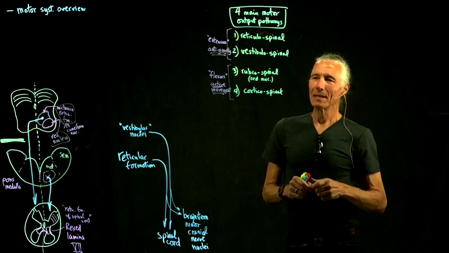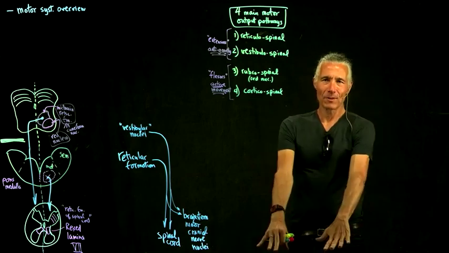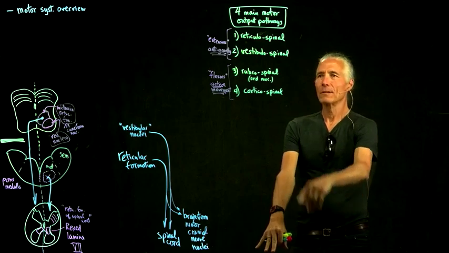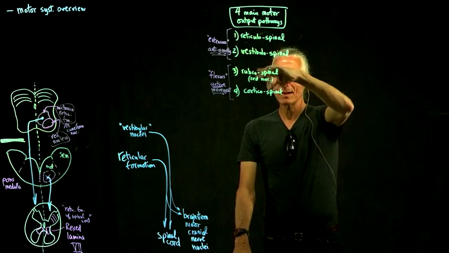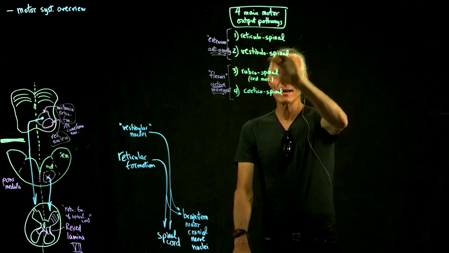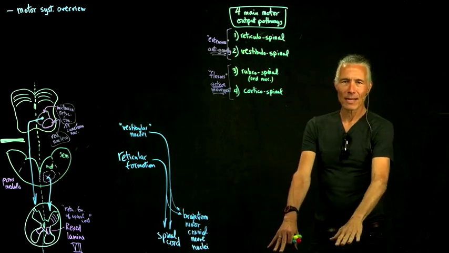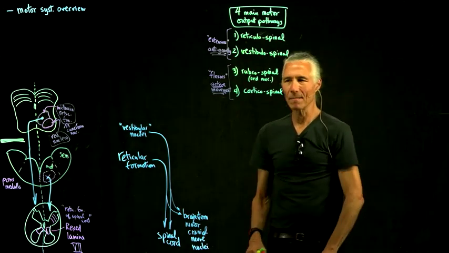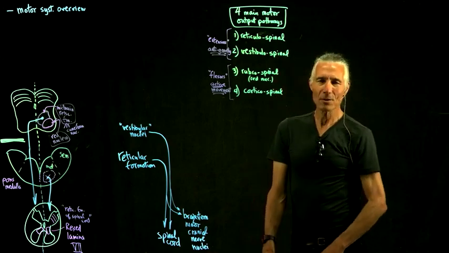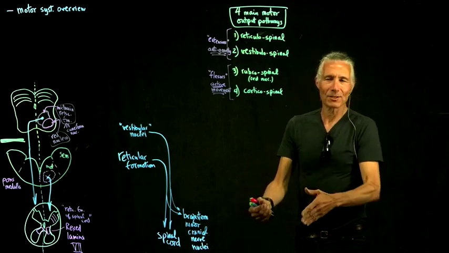Well, if you remove all the cortex from a cat, all its extensors will be over-activated because these systems interact with each other. When you take these away, these guys become too active. So the decorticate posture in a cat is everything extended, all the front and back limbs. In a human, you can recognize a decorticate person because they have their arms brought in, but their legs are sticking out.